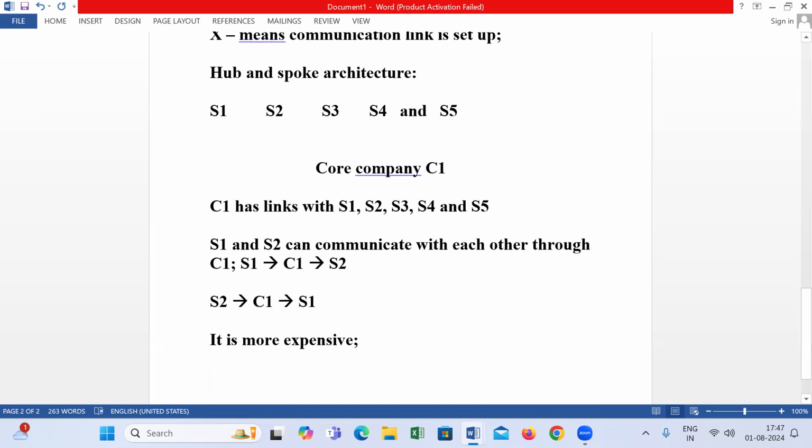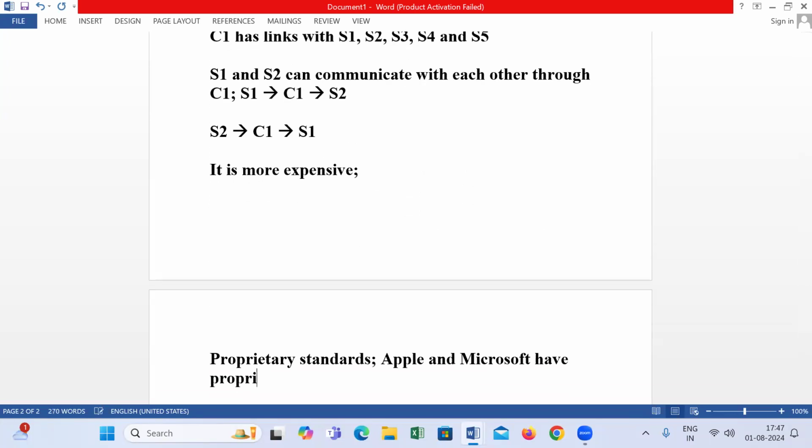Next is proprietary standards. For example, Apple and Microsoft have proprietary standards.